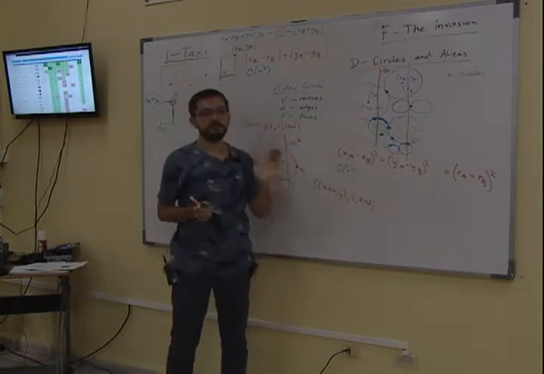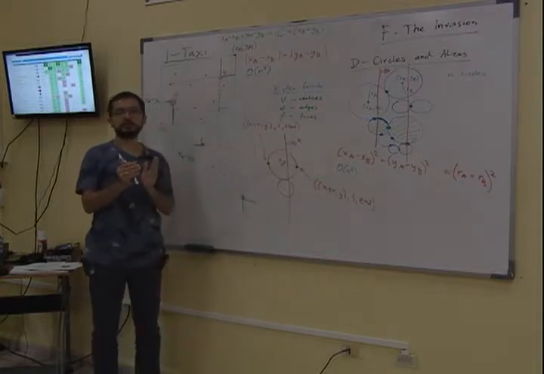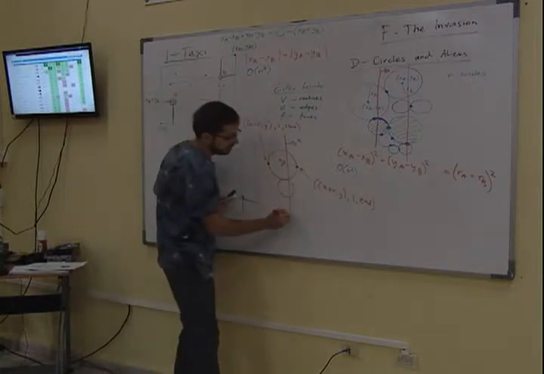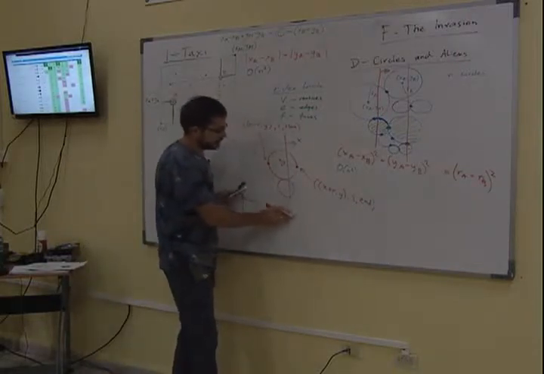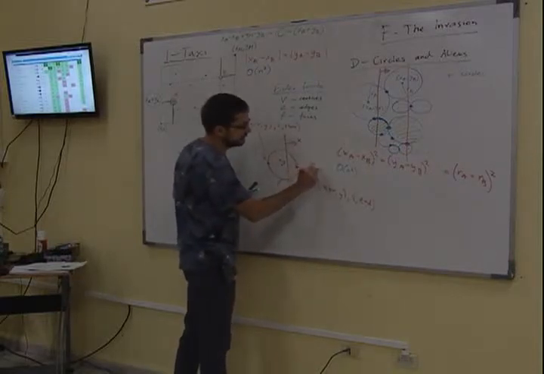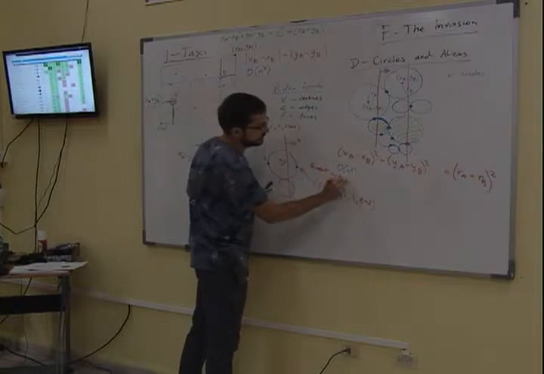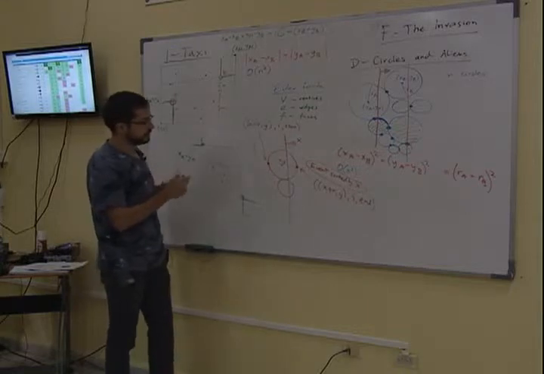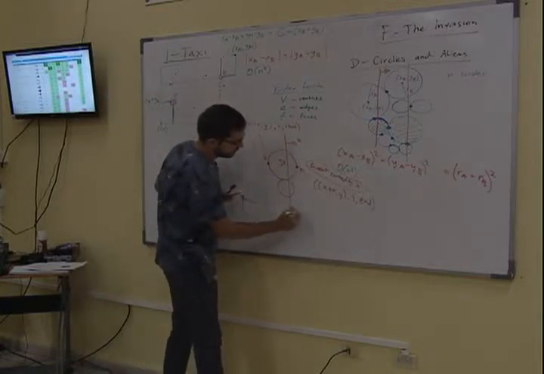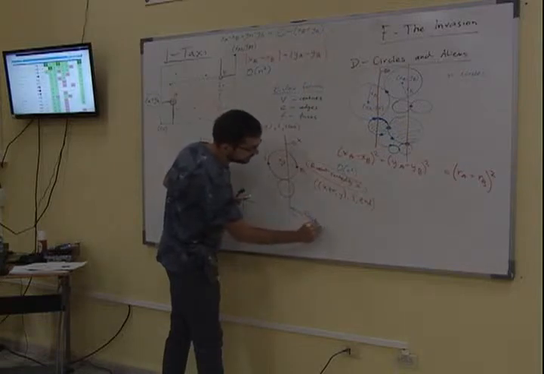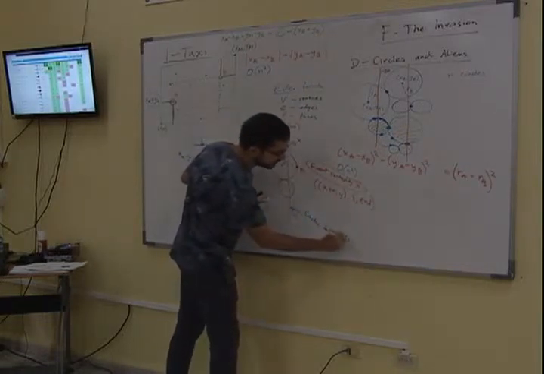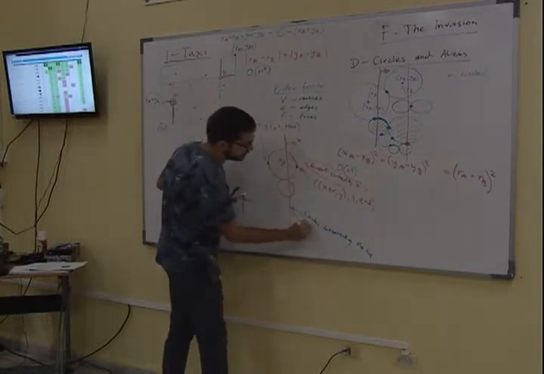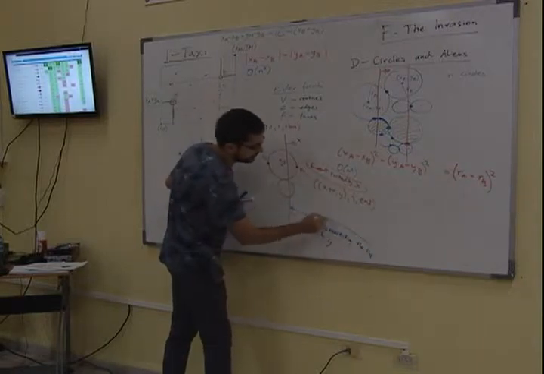So here we have events sorted by x, and in the data structure we will have circles intersecting the line sorted by y coordinate.